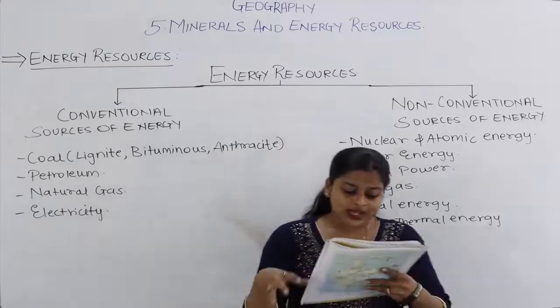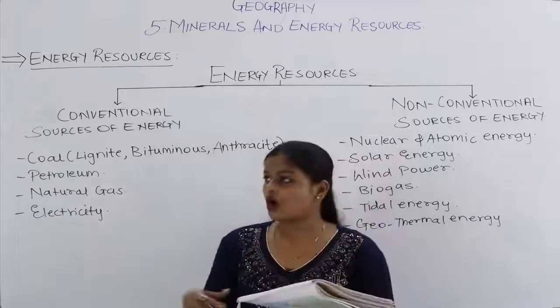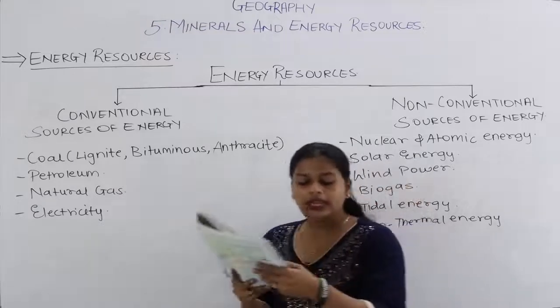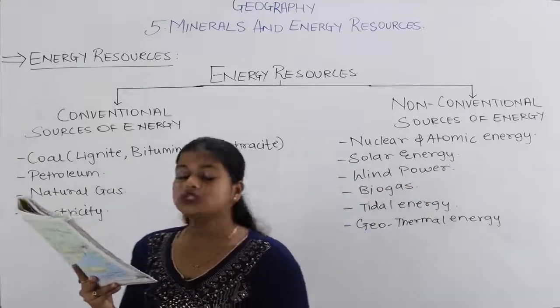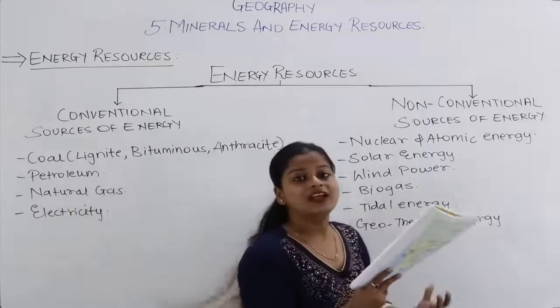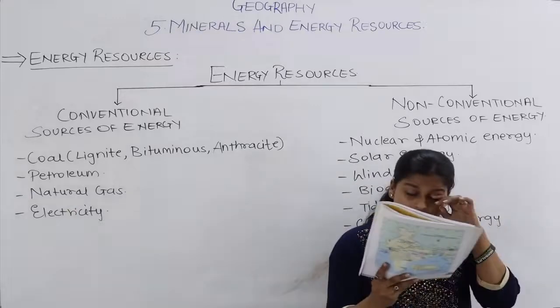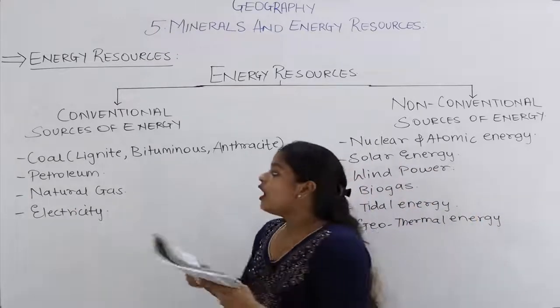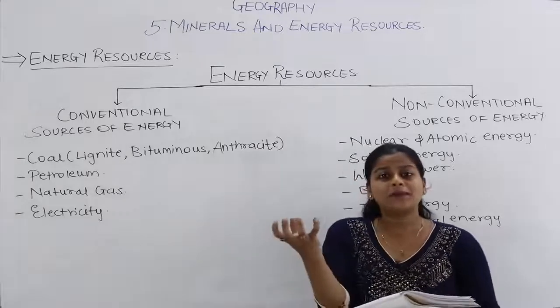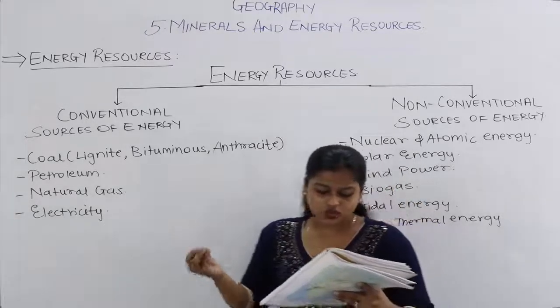Talking about the conventional sources, first one is coal. Now in India, coal is the most abundantly available fossil fuel. It provides a substantial part of the nation's energy needs. Coal plays a very big role in providing energy to us.